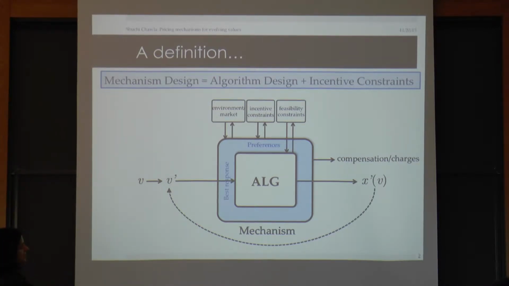So in some settings, the mechanism design problem, because of the fact that there's this manipulation going on and the designer doesn't know the true inputs, this can turn out to be hard. And oftentimes an extra assumption that we make is that the designer of the mechanism has some extra information about the environment or the market that we are in.